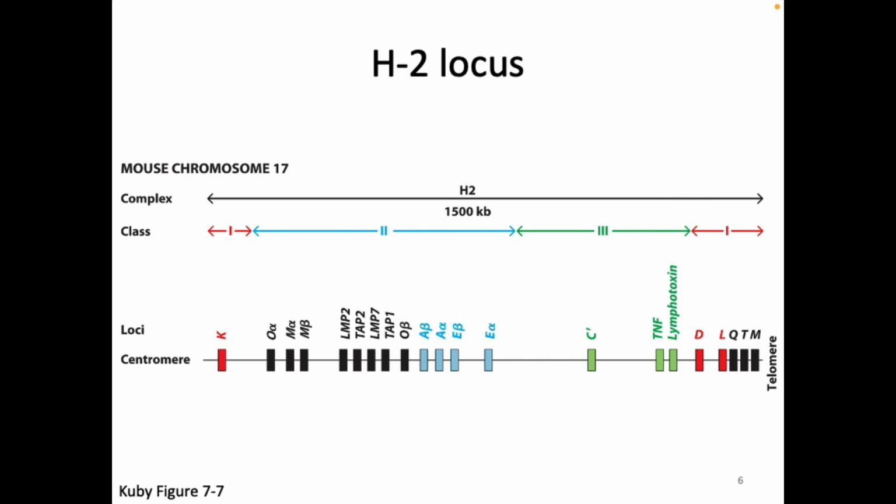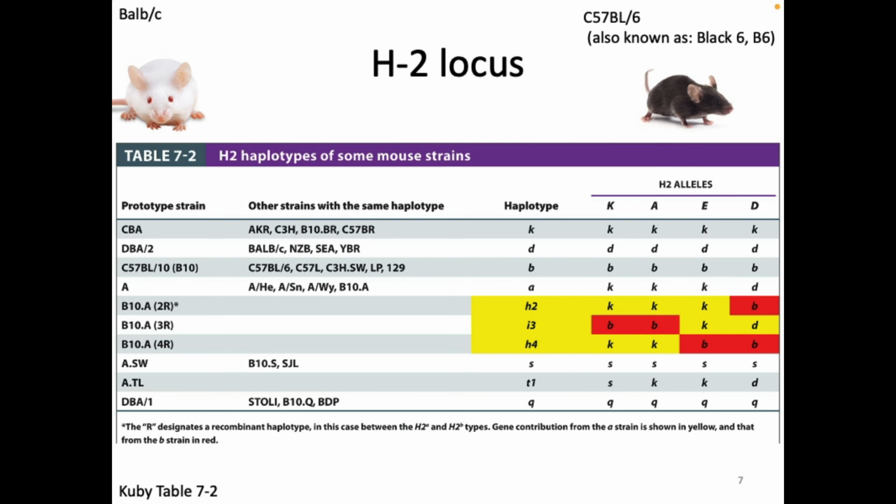If we have 2 mice, one mouse might have one version of H2K, and another mouse might have a different version of H2K, but we don't use numbers to distinguish the difference. And this is the thing that's the pain in the butt. This is really based on the fact that mice are inbred species.